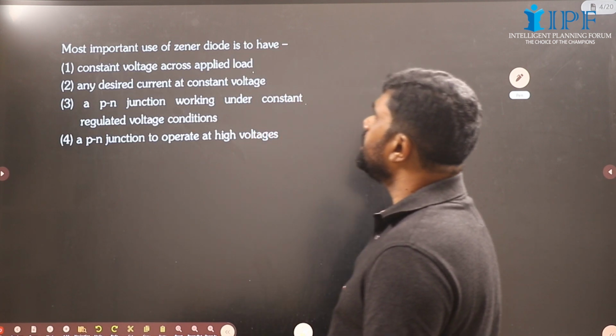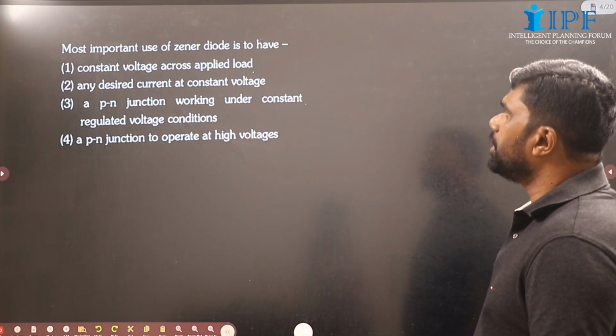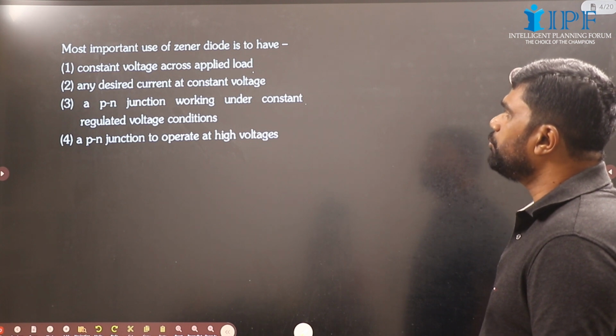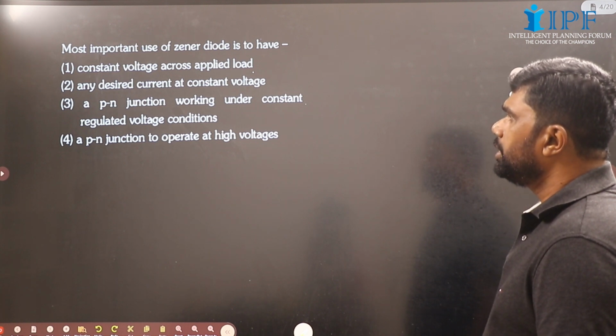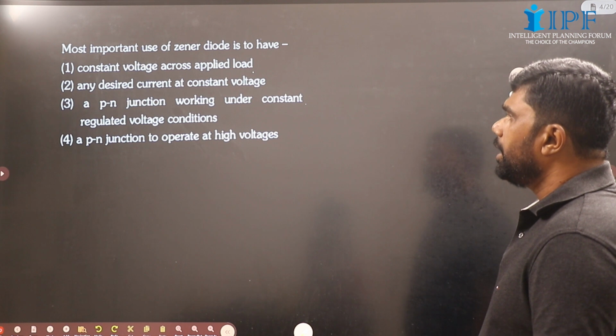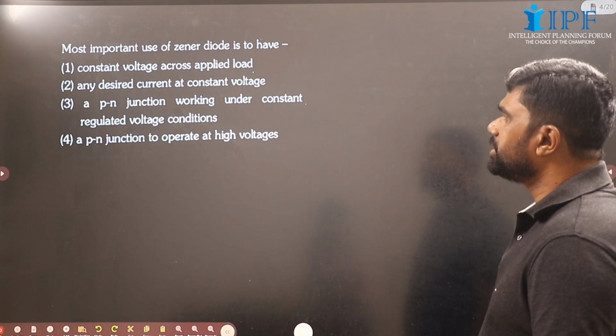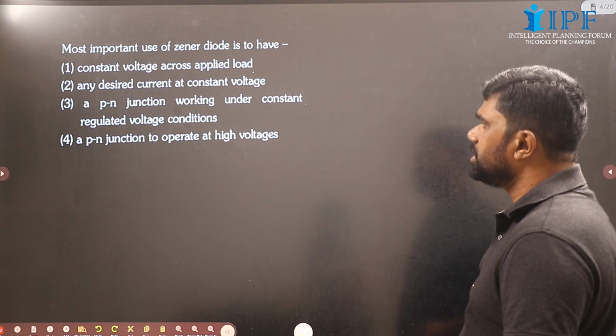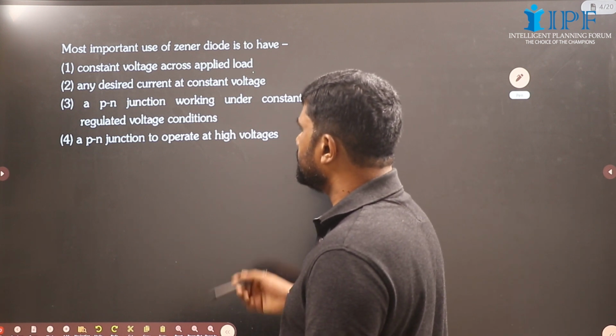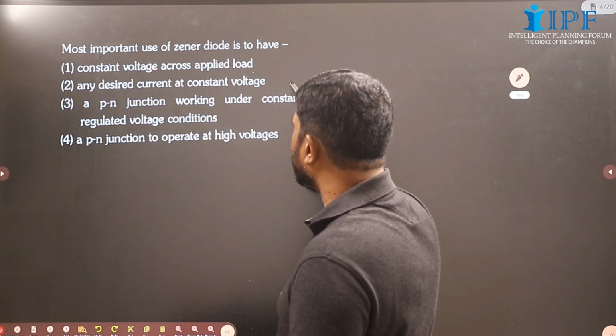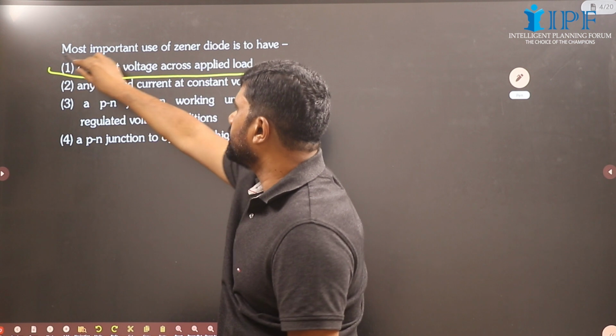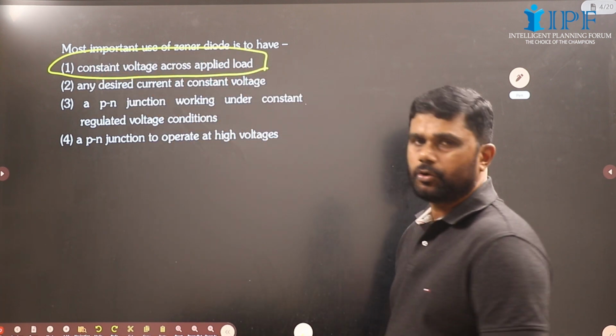Okay. Most important use of Zener diode is to have constant voltage across the applied load. Okay, that's true. Any desired current at constant voltage, a PN junction working under constant regulated voltage condition, a PN junction to operate at high voltages, constant voltage across the applied loads.